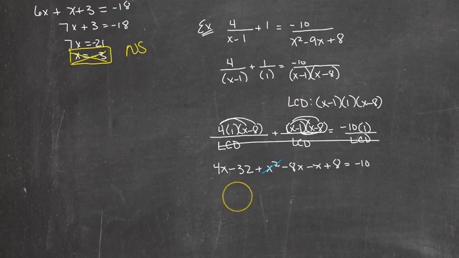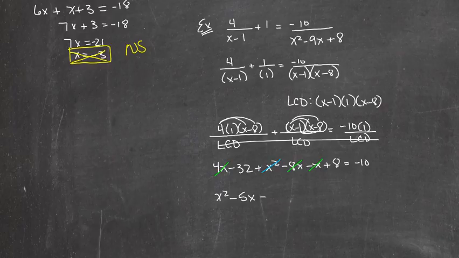So I have 1x squared. Then I have 4x, take away 8x is negative 4x, take away another x, negative 5x. Negative 32 plus 8, negative 24 equals negative 10.